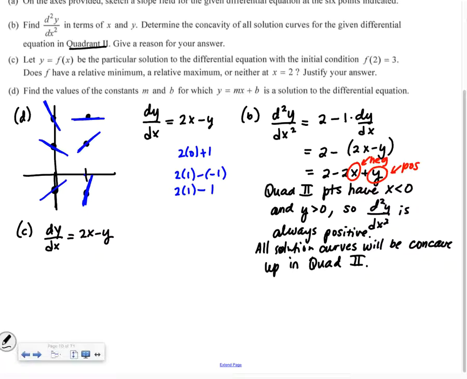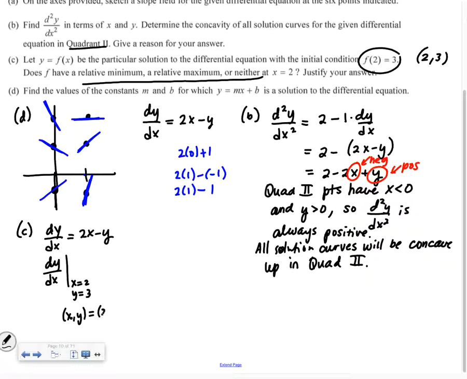So if we're trying to decide if it has a relative min, a relative max, or neither, I think we're going to use the second derivative test, and that's probably why they had you find the second derivative in part B, right? So we're going to use this point, which is 2, 3, and plug it in to here. Sometimes you write x equals 2, y equals 3, or you could write it as xy is equal to 2, 3.